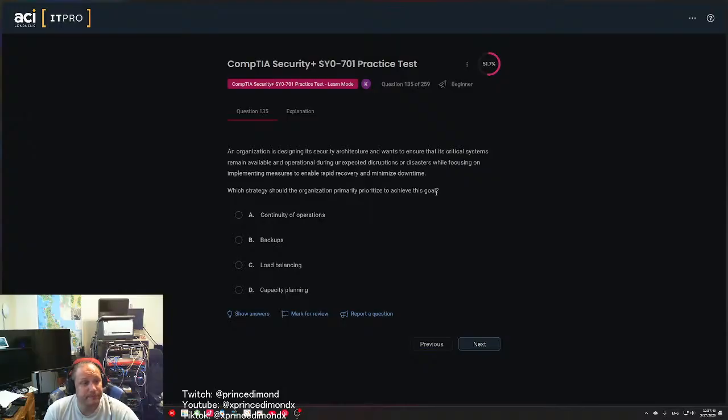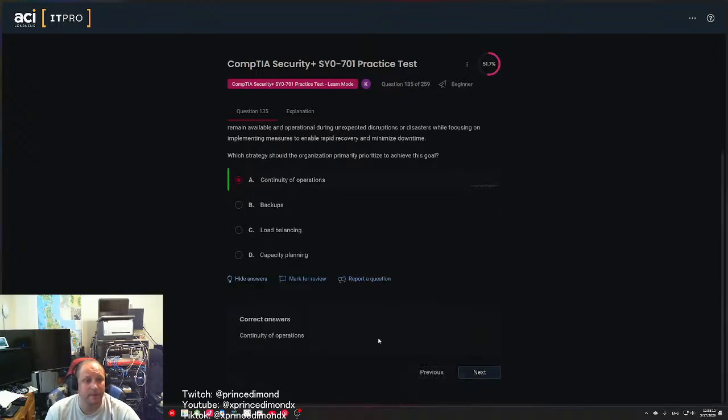So, the security architecture wants to ensure that its critical systems remain available and operational during unexpected disruptions. So this is going to be like business continuity, right? You're going to want to have either a virtual environment that mirrors your existing environment, so you can just kind of fail over, but some type of business continuity testing and plan is what you're going to want to have in place. Yep, and that's correct.